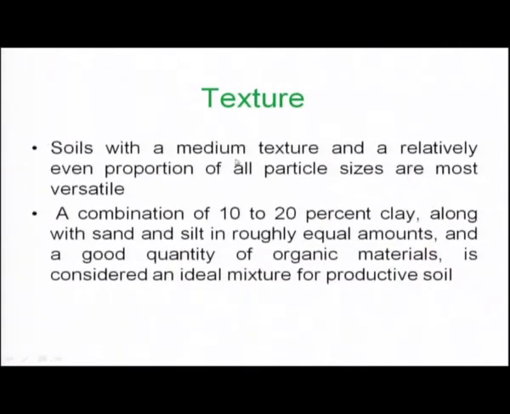Soil with a medium texture and a relatively even proportion of all particle sizes, that is sand, silt and clay, is the most versatile. But what is important for a productive soil for agricultural purposes is a combination of 10 to 20% clay, along with sand and silt in roughly equal amounts, and a good quantity of organic material, about 5%. This is considered an ideal mixture for productive soil.